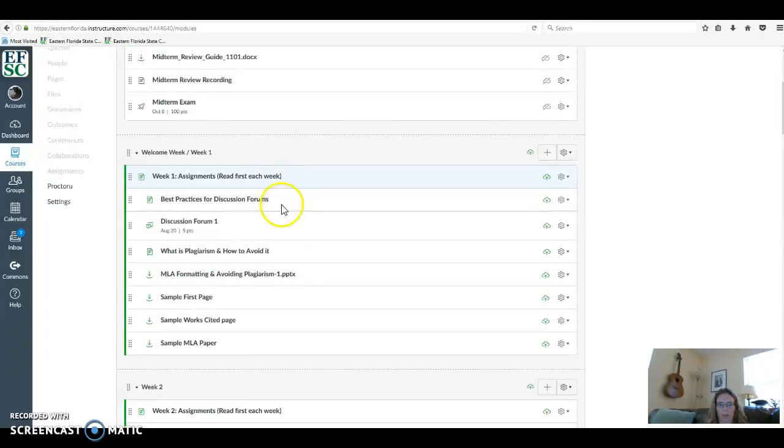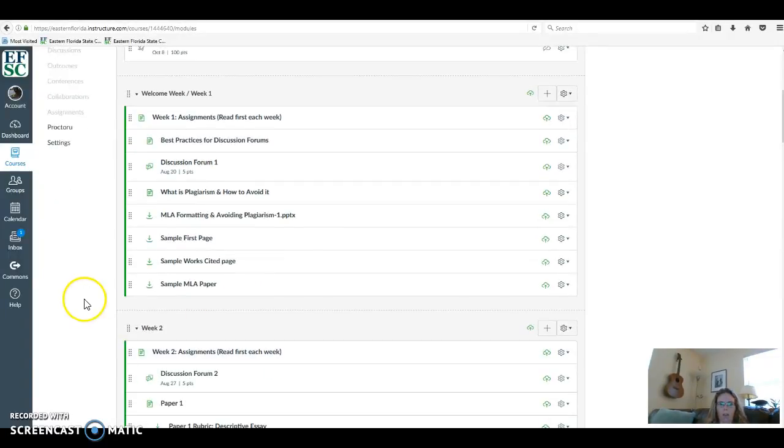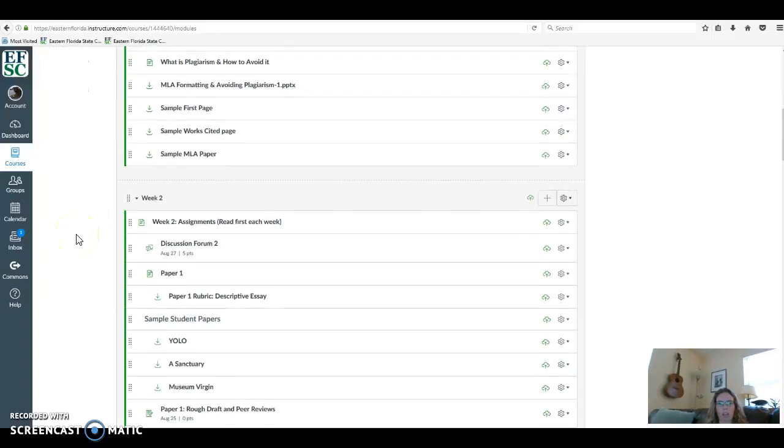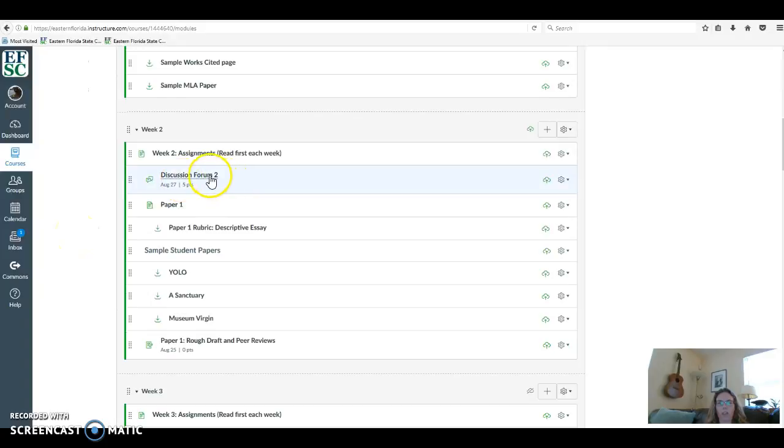And there's all the information that I just went over, the week 1. Just getting used to what format will be used in this course and introducing yourself in the discussion. Week 2, we'll actually get into the stories and use the textbook, and then the paper 1 guidelines are posted in the week 2 module.